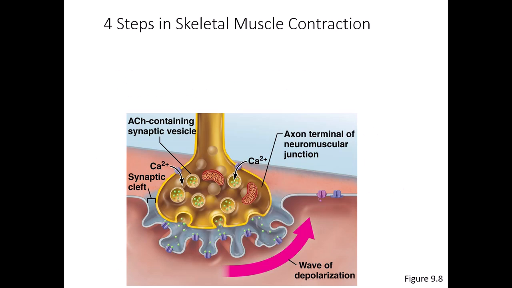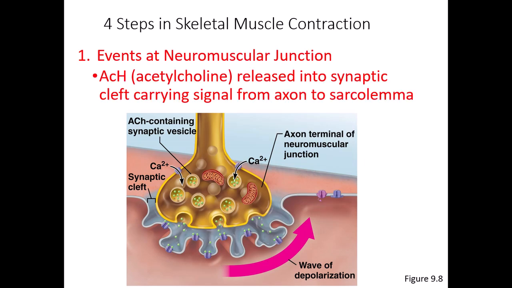Okay, so the first step in our skeletal muscle contraction are the events at the neuromuscular junction. Again, neuro for neuron, which is the electrically conducting nerve cell, muscular for the muscle cell. And so as I was saying, there is an electrical signal coming down the neuron and it needs to get to the muscle cell.